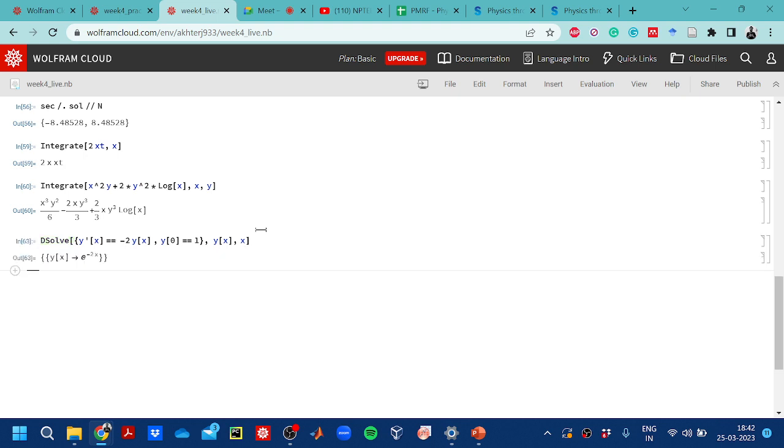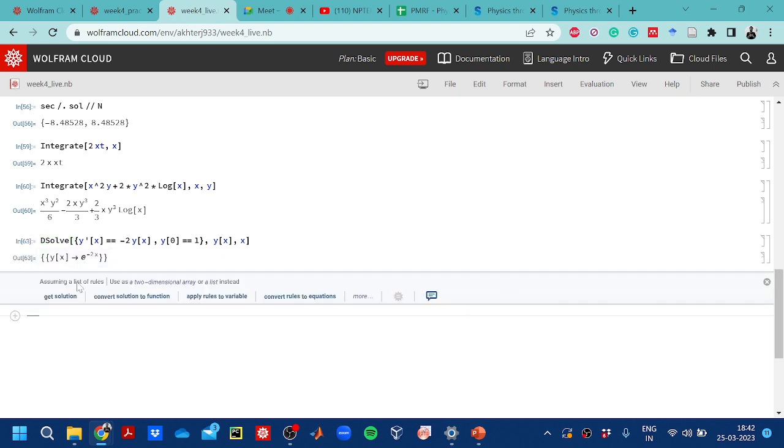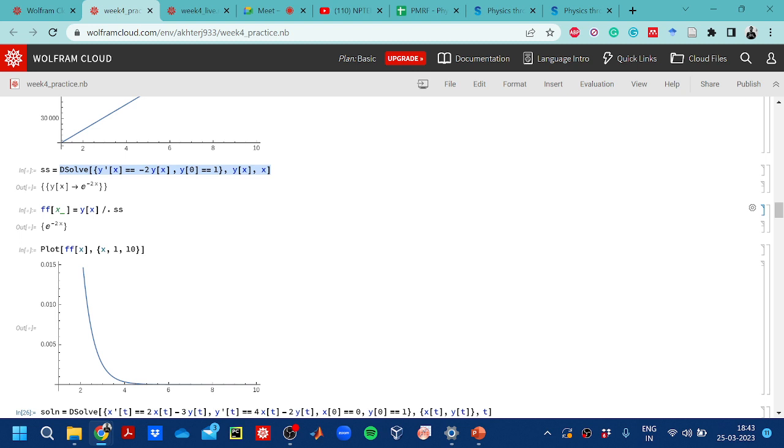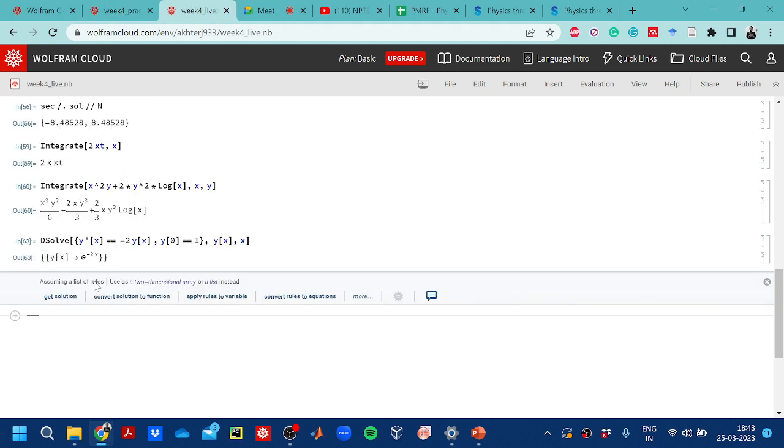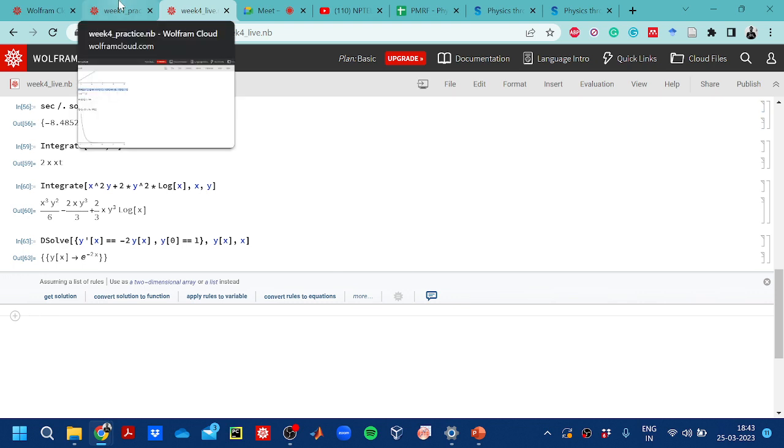If we solve this, this is our form. You can see that we can exactly get the functional form of y as a function of x. You can solve other equations also. Now suppose you want to see how this function, e to the power minus 2x, looks like. Suppose you want to plot this.